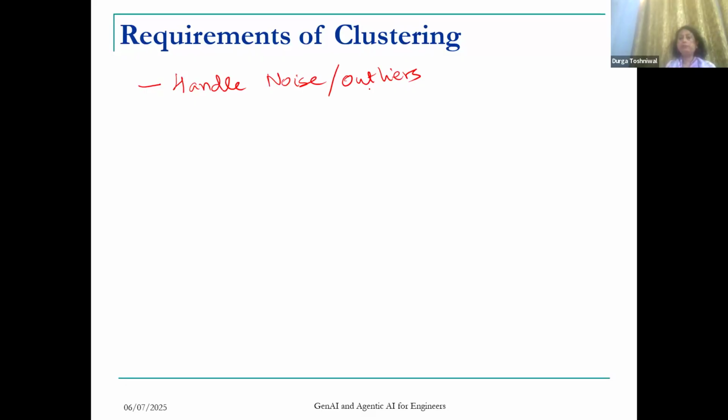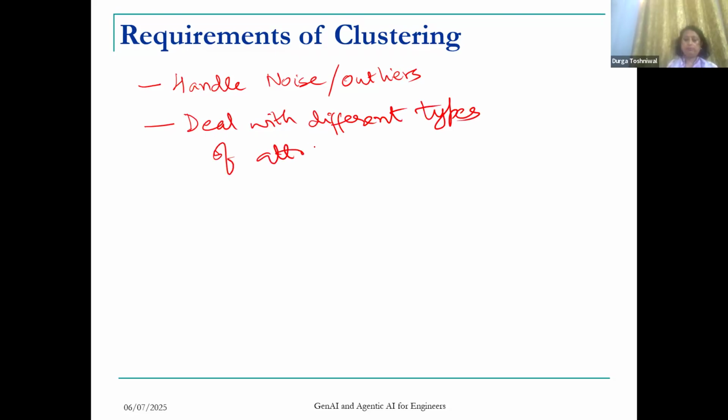But if there is some amount of noise, then the clustering method should be able to handle that. Then our clustering method should be able to deal with different types of attributes, right? There could be numeric, there could be categorical, so many different types of data sets, and our method should be able to deal with it.